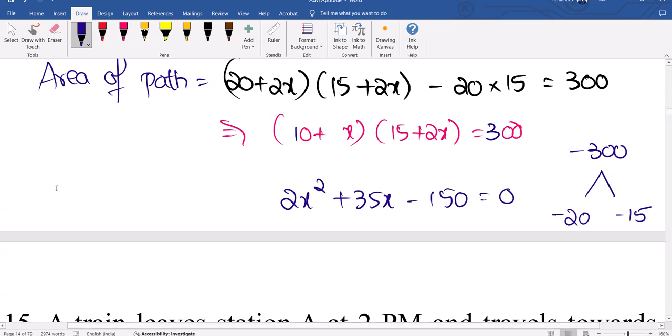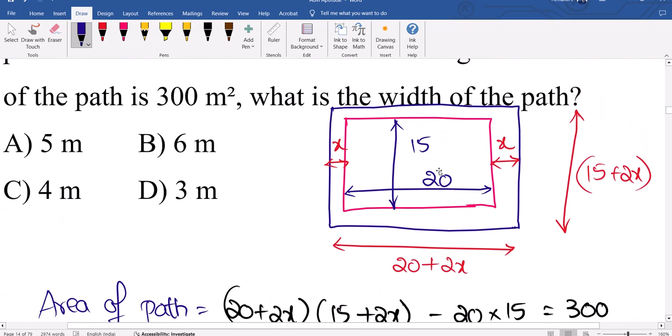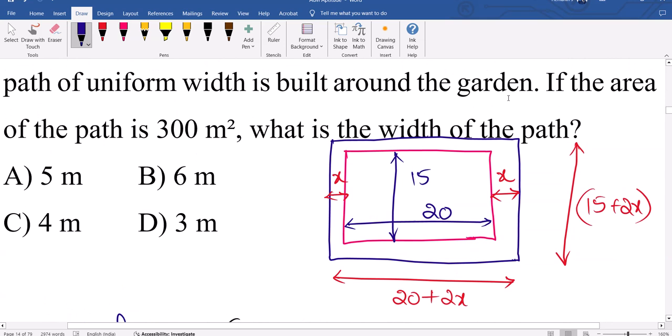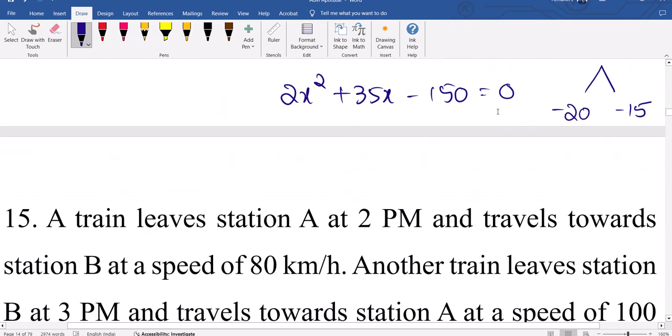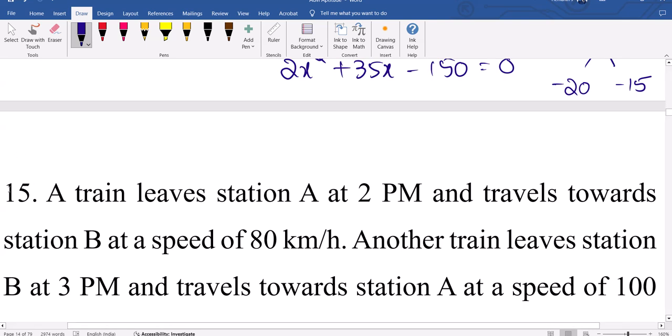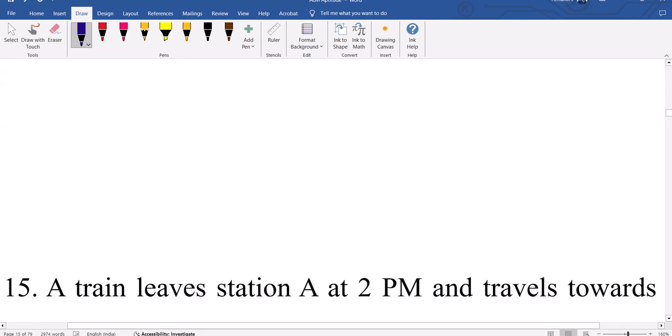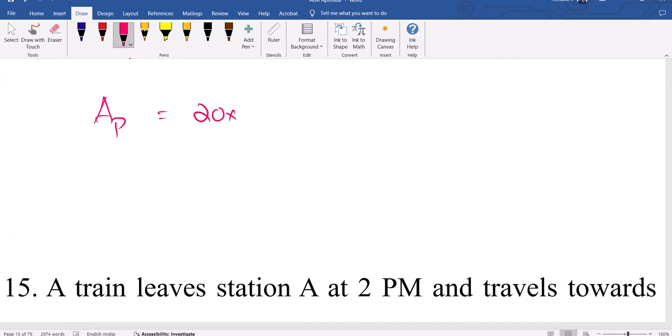So let's see if it is inside, then what will happen? Around the path means, I sense that around the garden means it's outside only. If it is inside, then area of path will be 20 into 15 minus 20 minus 2x into 15 minus 2x.